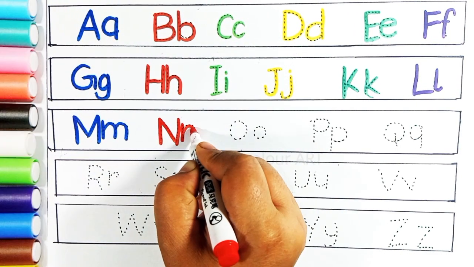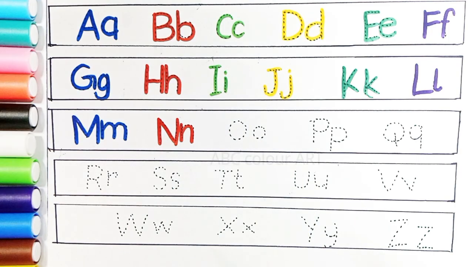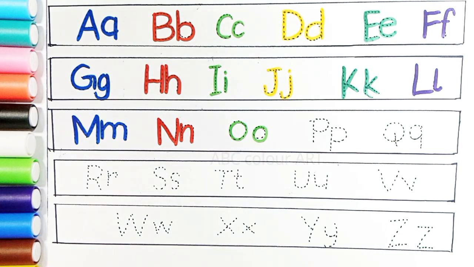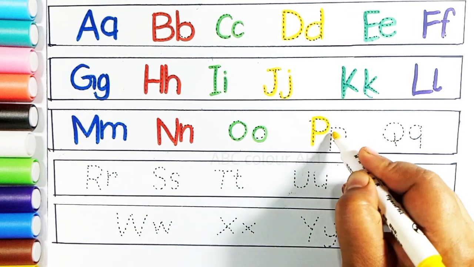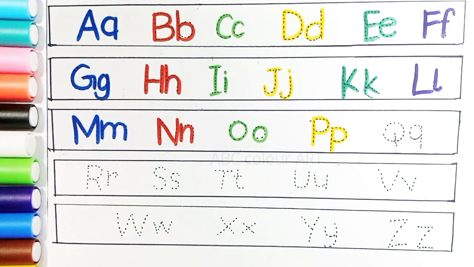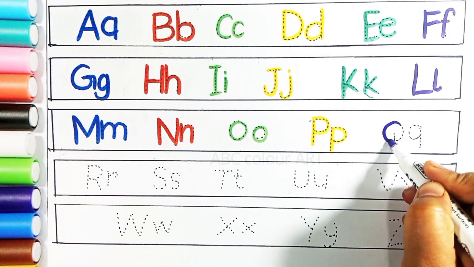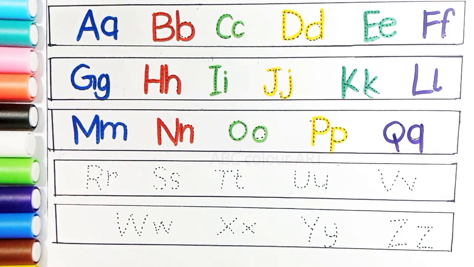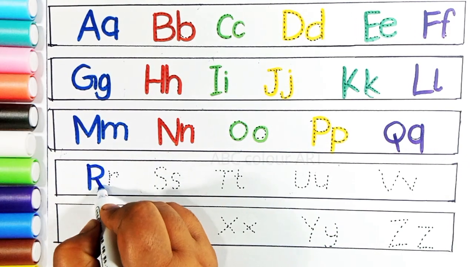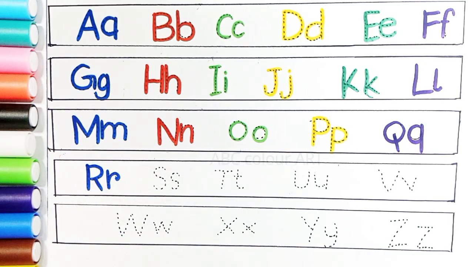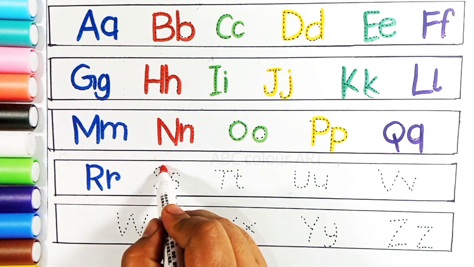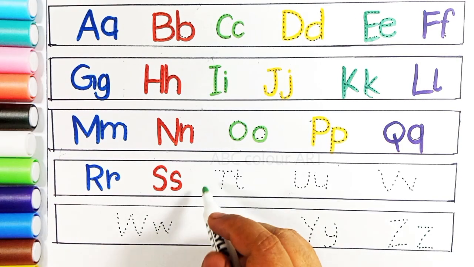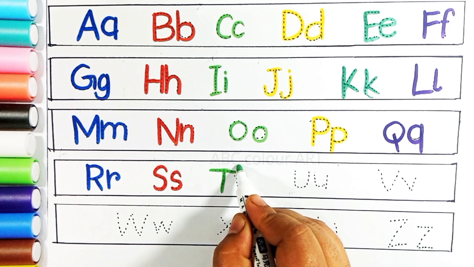Capital N, small n. N is for nose. Capital O, small o. O is for onion. Capital P, small p. P is for pumpkin. Capital Q, small q. Q is for queen. Capital R, small r. R is for rat. Capital S, small s. S is for sun. Capital T, small t.